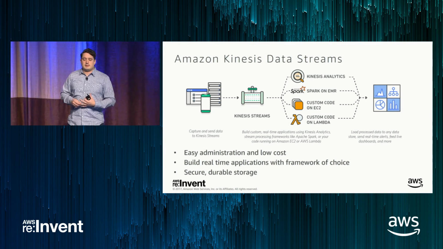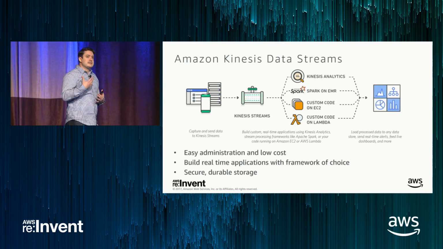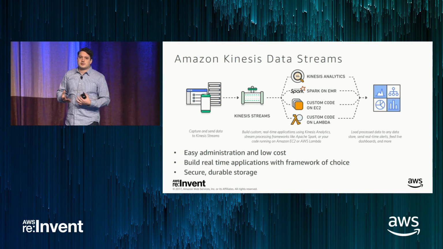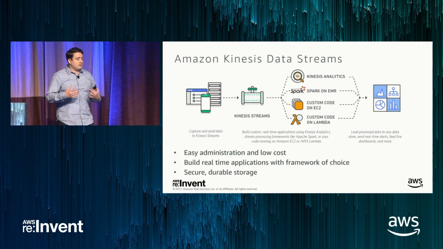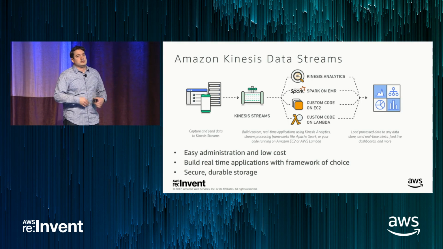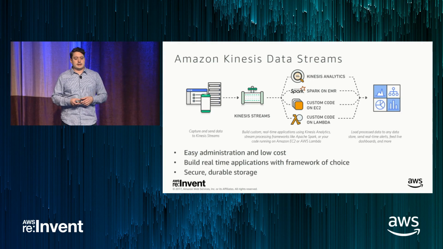Kinesis Analytics, which I just mentioned, allows you to write SQL over the stream. Very useful for stateful processing, so doing long-running window types of operators. And then Spark Streaming on EMR, which is an open source framework that allows you to do a plethora of things, such as simple ETL to machine learning to even more complicated analytics.